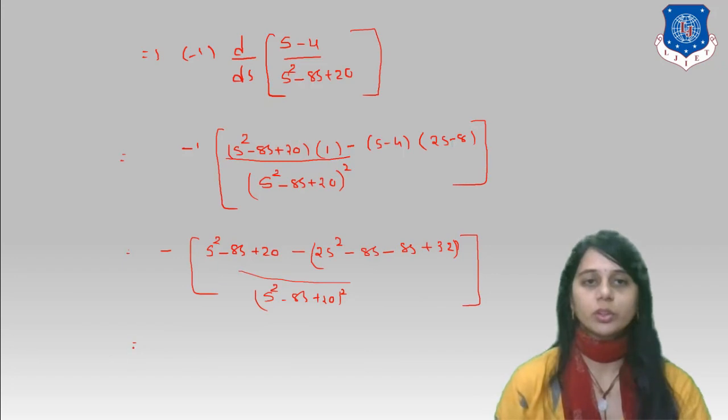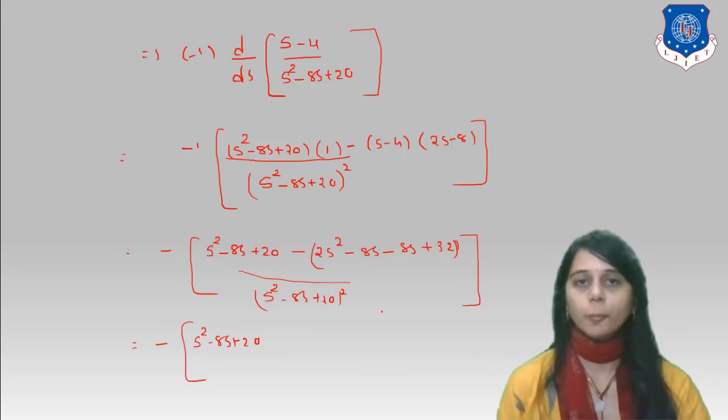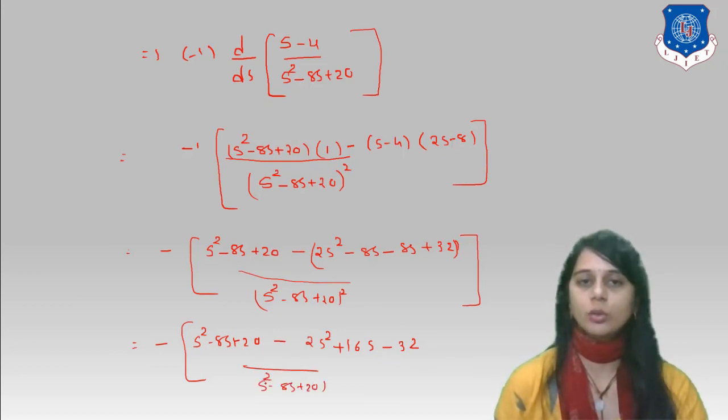Okay. Minus, s square minus 8s plus 20 minus 2s square, minus minus plus, and it's 16s, so it is plus 16s minus 32, upon s square minus 8s plus 20 whole square.